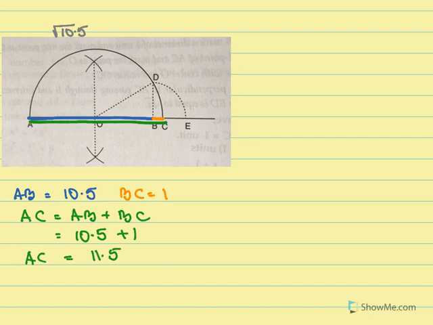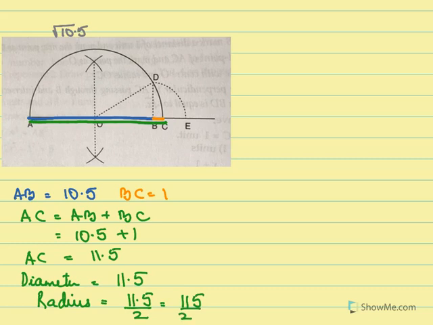Now AC is the diameter. So your diameter is 11.5. So radius equal to 11.5 divided by 2, that is 115 divided by 20. Now that you got your radius 115 by 20, let's mark the different radius in this figure. One radius is the OA.